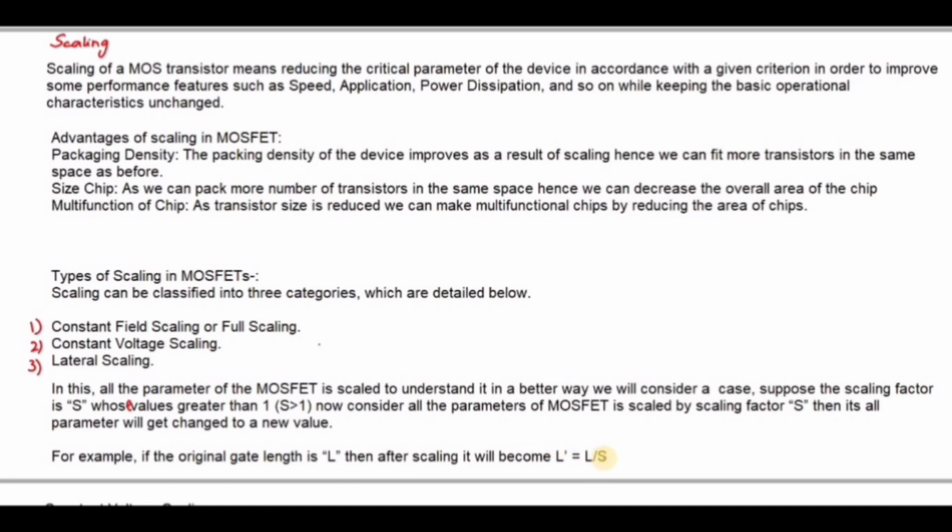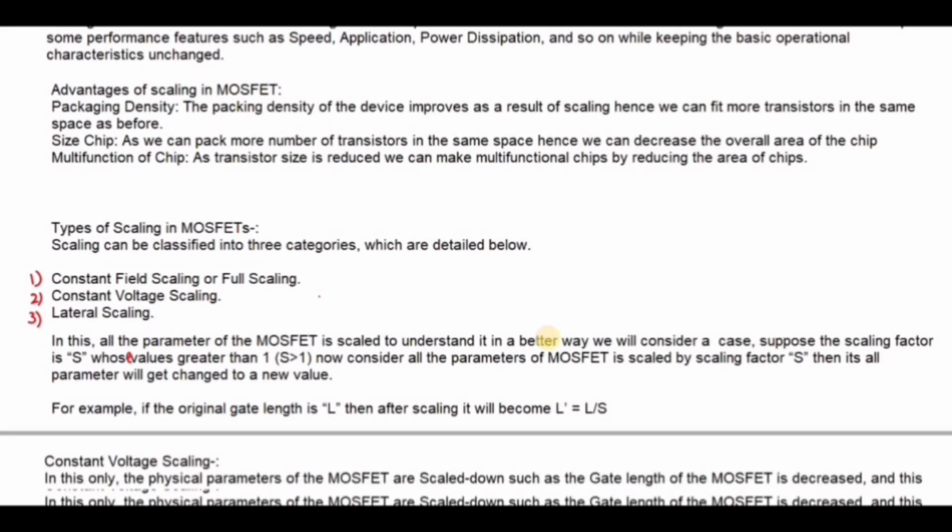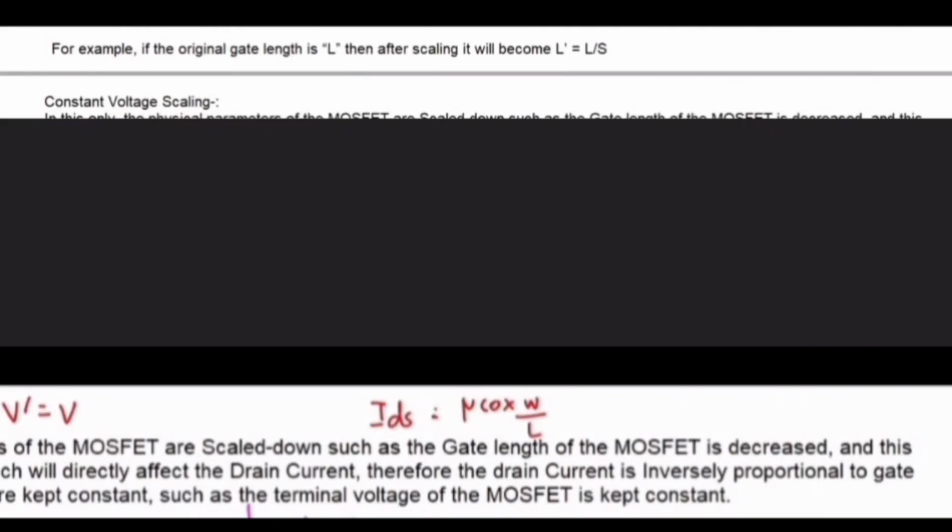If the S value is 1, then L bar is the same as L. If the S value is greater than 1, then L bar is reduced, right? So you can see all the parameters of the MOSFET are scaled by the scaling factor S, so each parameter changes to a new value. If L is the original value, after scaling it becomes L bar.